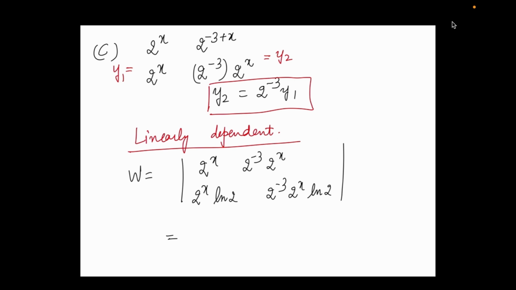So this is nothing but ln 2 times 2 to the power minus 3 times 2 to the power 2x minus ln 2 times 2 to the power minus 3 times 2 to the power 2x. These are the same, so this is 0. That's another way.